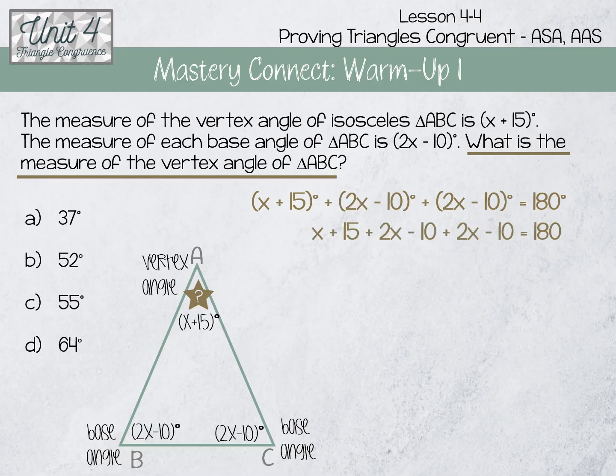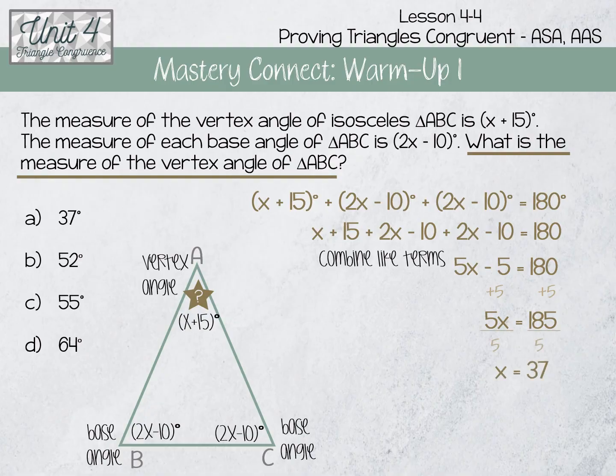Let's just get rid of the parentheses first and then combine like terms. All right, 5x minus 5 equals 180. Add 5 to both sides of the equation. 5x equals 185, divide both sides by 5, and x is 37.